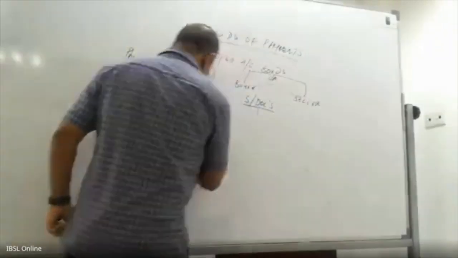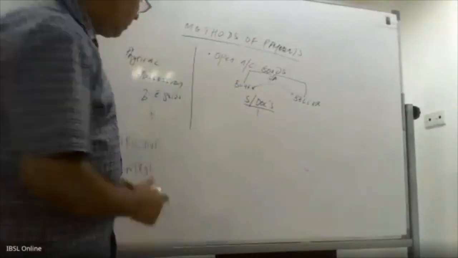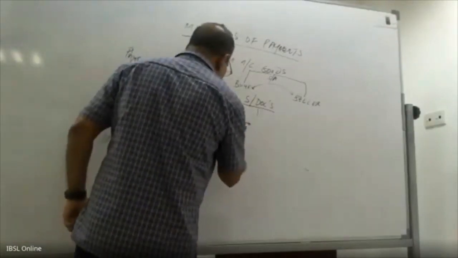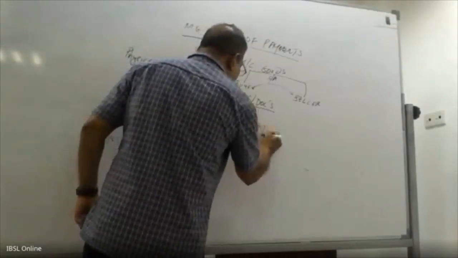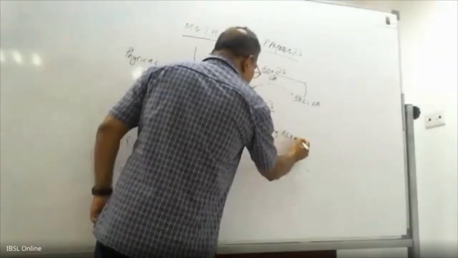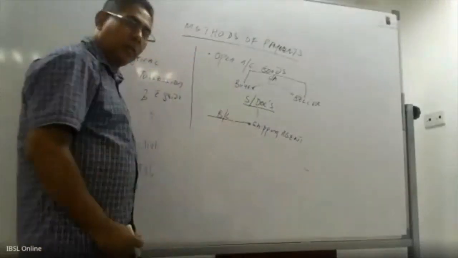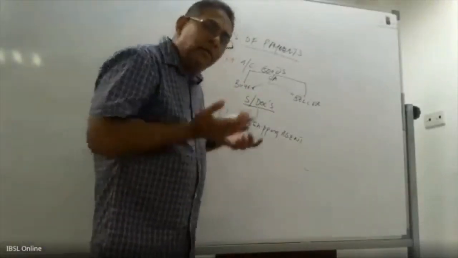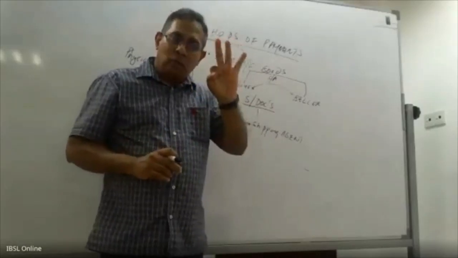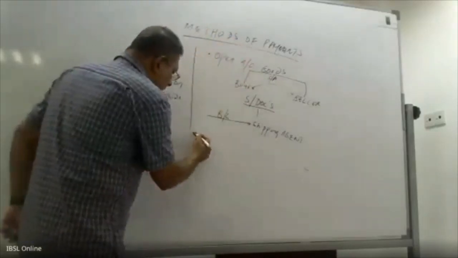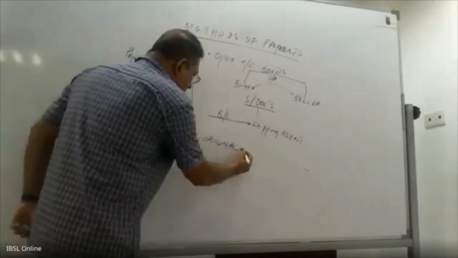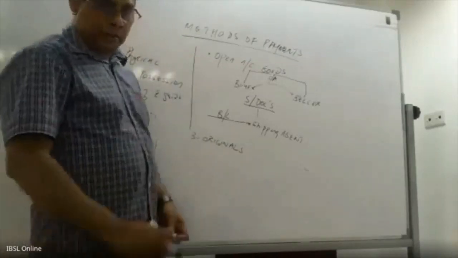Now the buyer takes the bill of lading to the shipping agent and surrenders the bill of lading. Usually, the bill of lading comes in 3 originals.